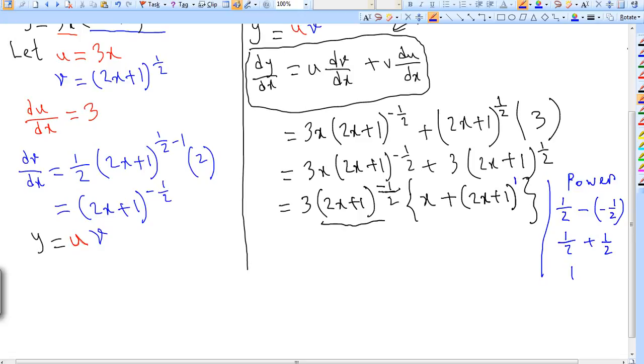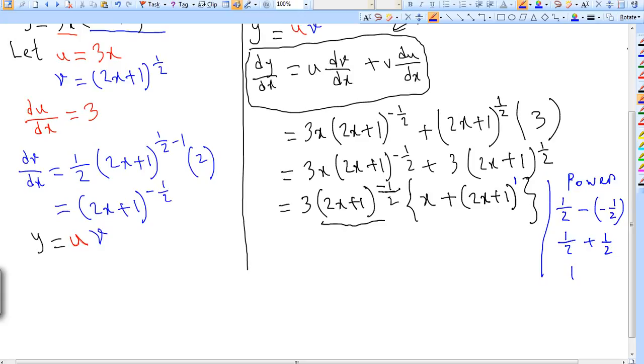This is how it becomes power 1. Let me summarize again: if we take the negative power as common, we divide this with this, and by subtracting the powers we get this result.